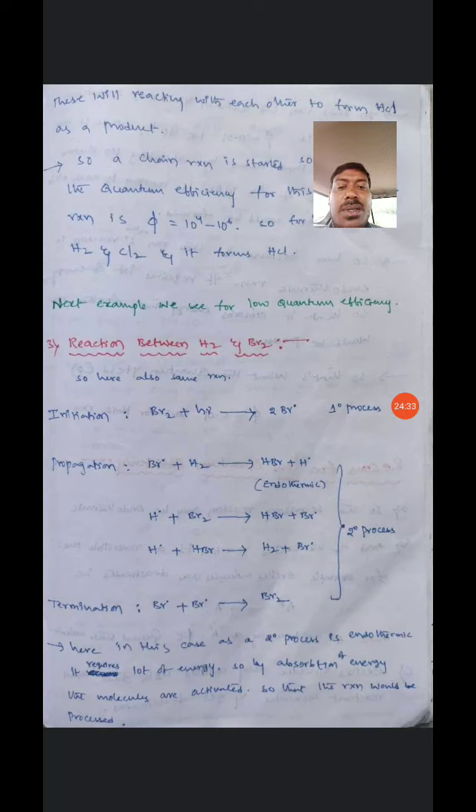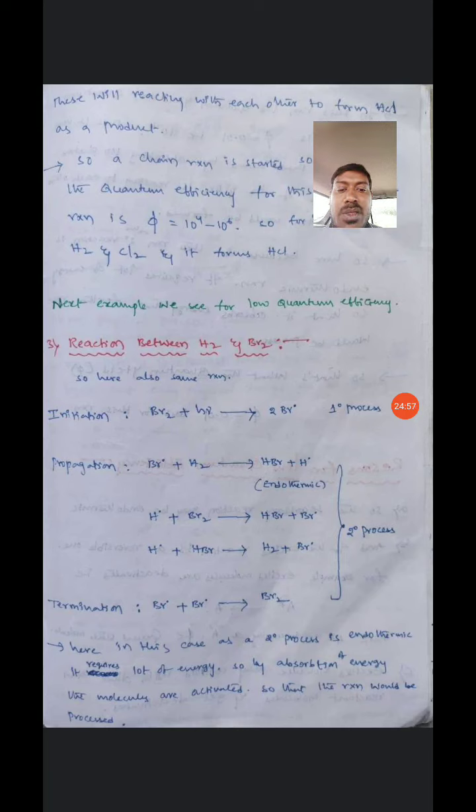The next example is for low quantum efficiency. H2 and Cl2 was a high quantum efficiency example, and next we are discussing low quantum efficiency: the reaction between H2 and Br2.